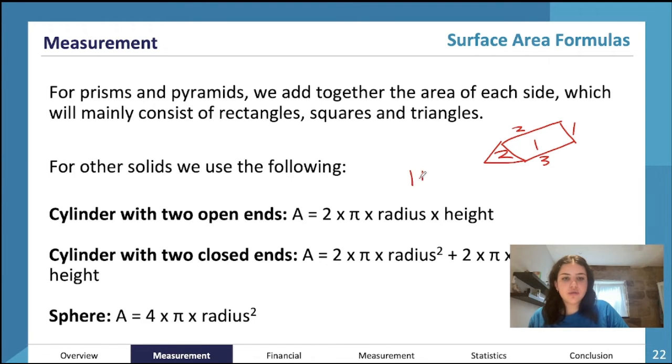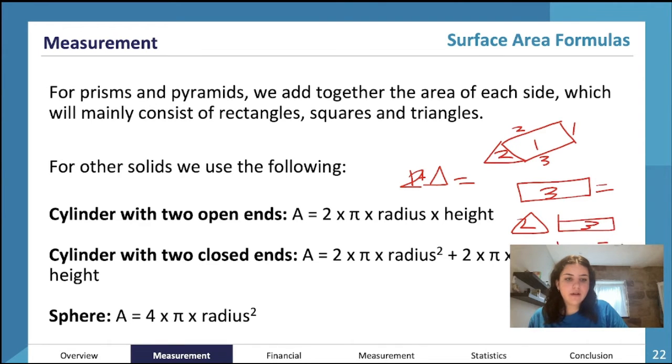So you're going to add the 2 triangular sides, so 2 of these together, and then you're going to have 3 rectangles that connect them, and you're going to add those together. So then you'd have 2 triangles, 3 rectangles, add them together, and you get the surface area of your prism.